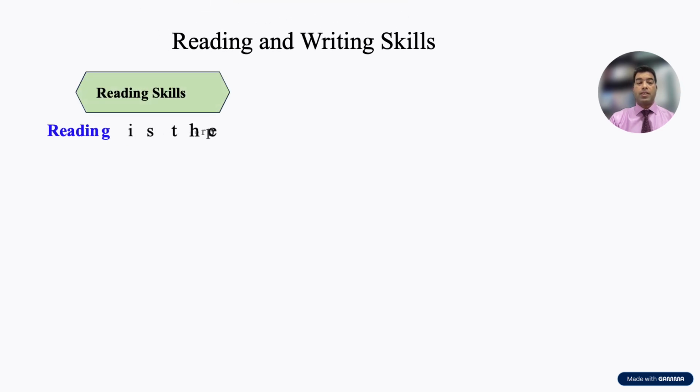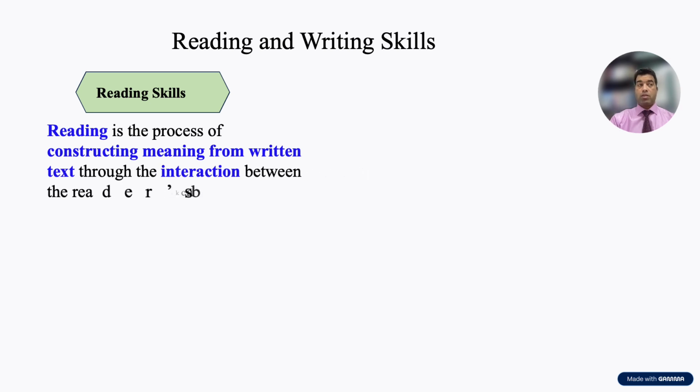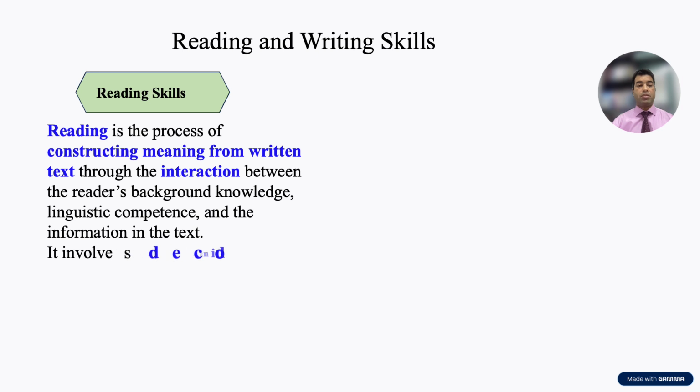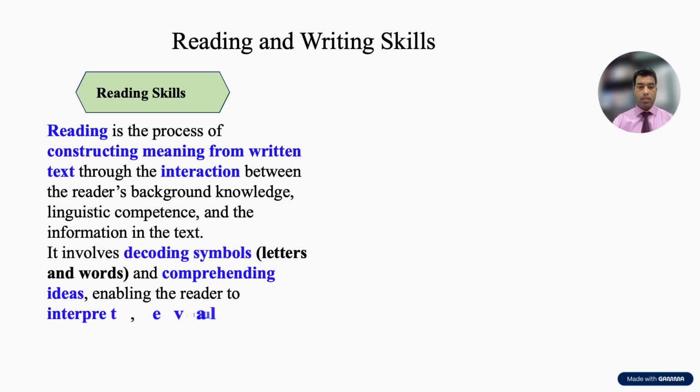So what is reading skill? Reading skill is a process of constructing meaning from written text. So we have a written text, and we can construct meaning from it. It is an interaction between the reader's background knowledge, linguistic competencies, and information in the text. It also involves decoding letters and words and comprehending ideas, enabling the reader to interpret, evaluate, and respond.